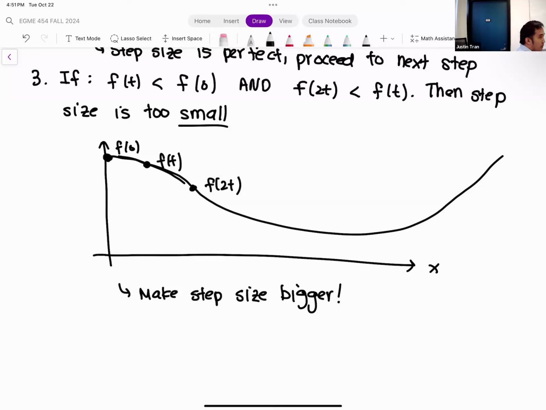All right, so basically the first step of the interpolation algorithm is to adjust your step size. You're going to start with some assumption, so you have to start with some step size. That's your initial step size. And then you're going to adjust it until you get the right step size.